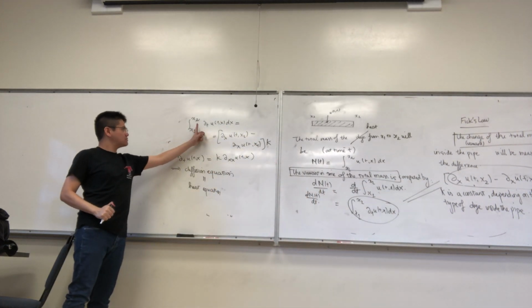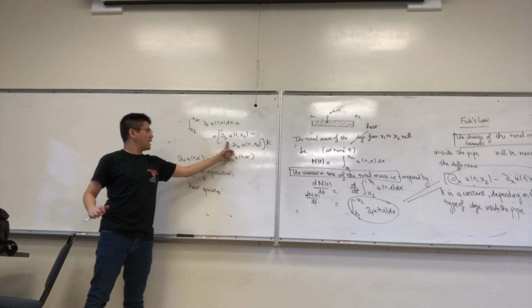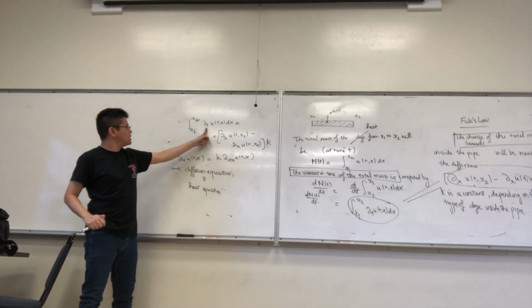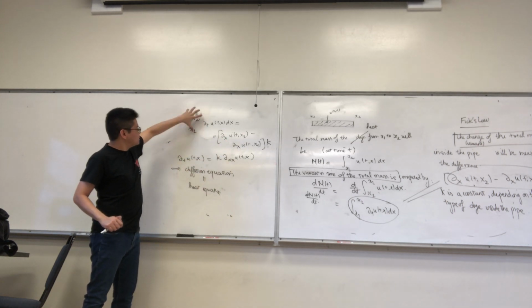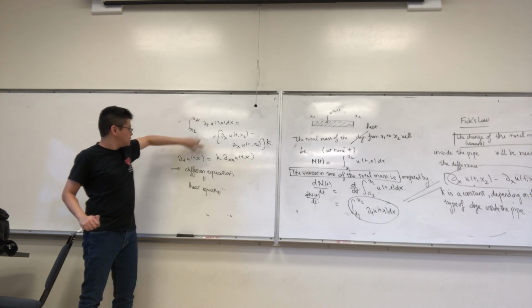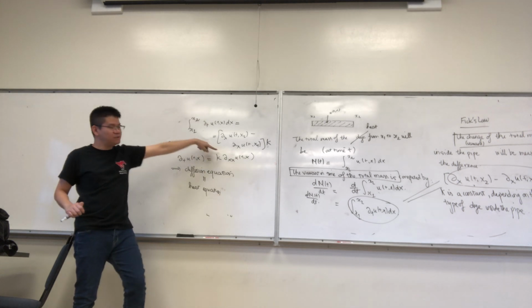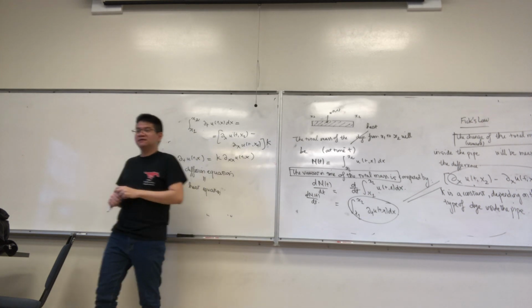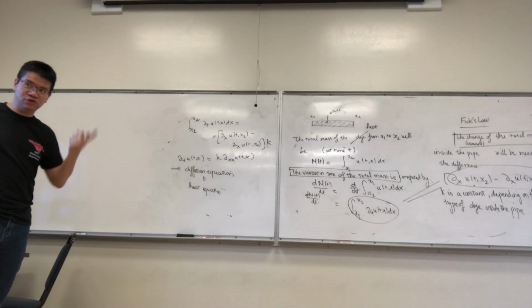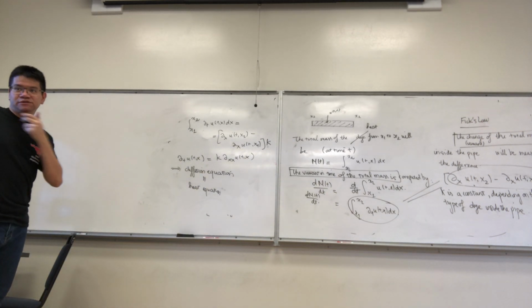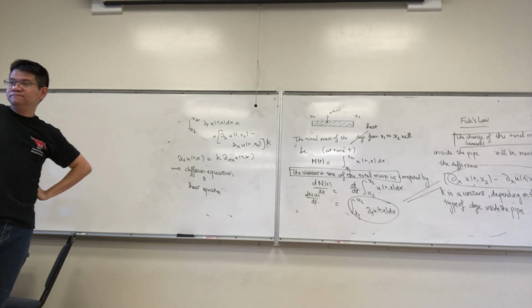So here I have an integration in x, here I have a derivative in x, here I have a derivative in t. Now I take the derivative in x here, so the derivative in t will be the second derivative in x. And this is the diffusion equation, or the heat equation, that we are solving.